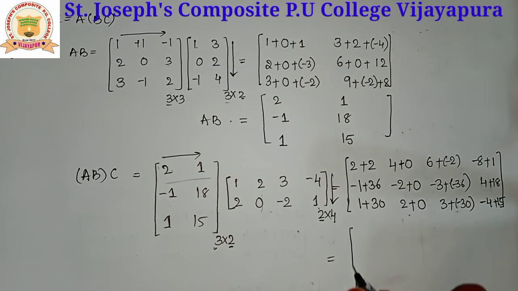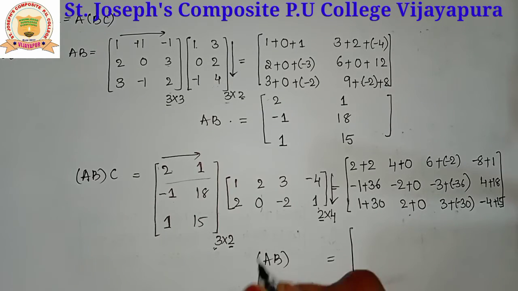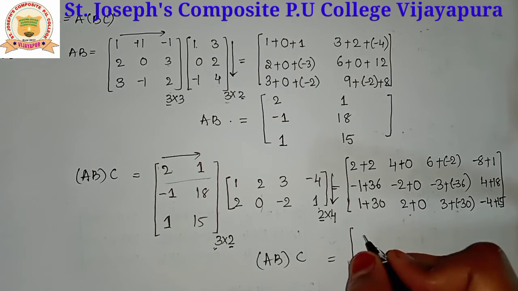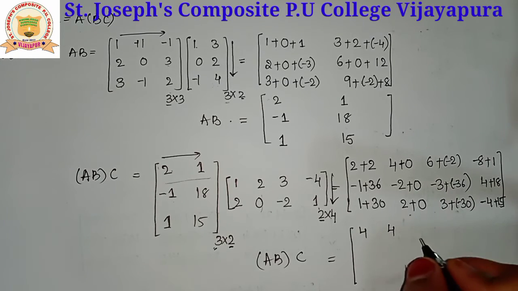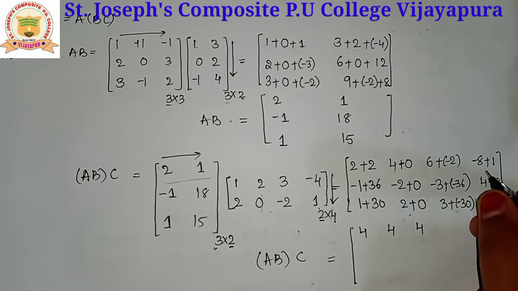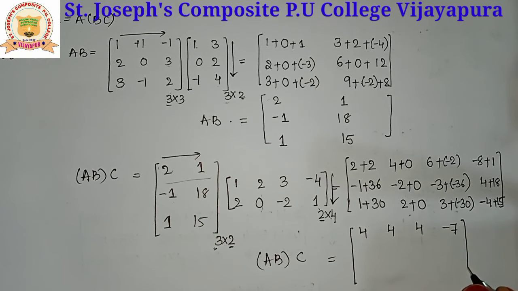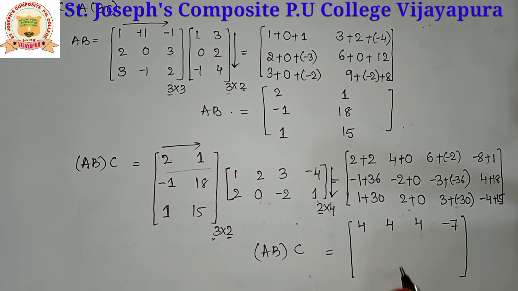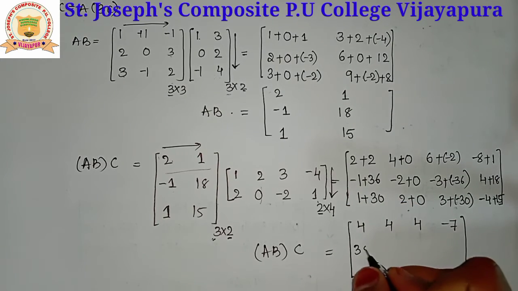This is equal to AB into C. 2 plus 2, 4. 4 plus 0, again 4. 6 minus 2 is 4. And minus 8 plus 1 is minus 7. Minus 1 plus 36 is 35.